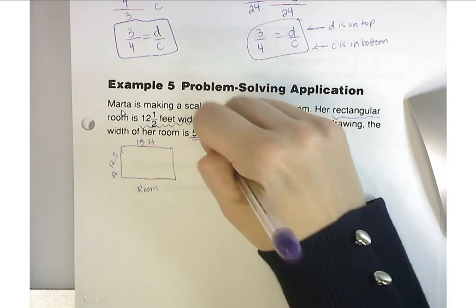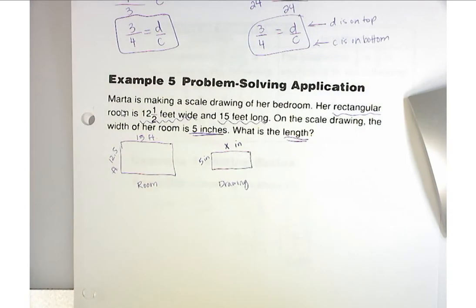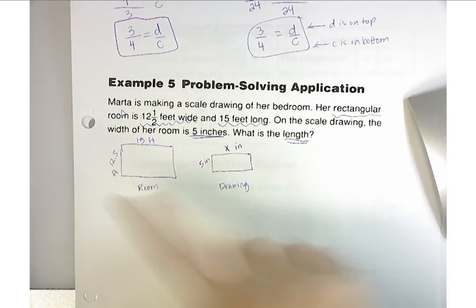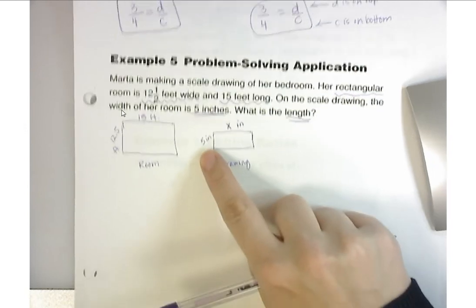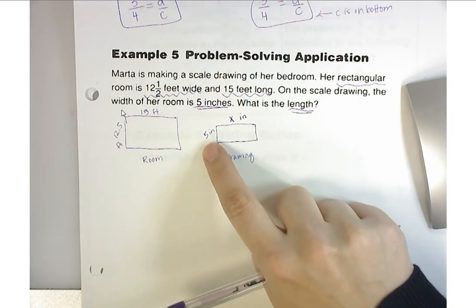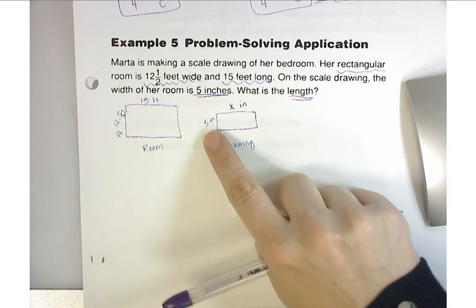So the length I'm going to call X. Now, notice here that if this is in feet and this is in inches, I'm going to have to convert. I'm either going to have to convert the feet to inches or the inches to the feet. What are you guys thinking you'd want to do? Yeah, the feet to inches is definitely going to be easier.